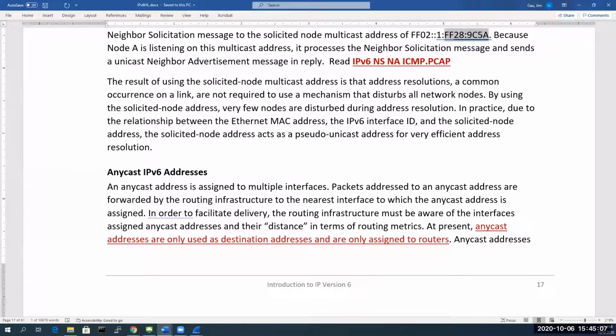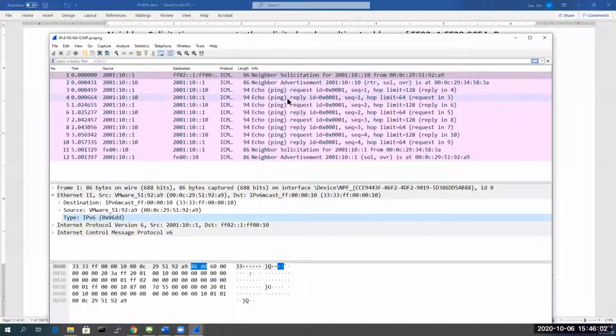Okay, so let's take a look at the Wireshark information on the neighbor discovery. Let's look at the solicited address here, the neighbor solicitation.